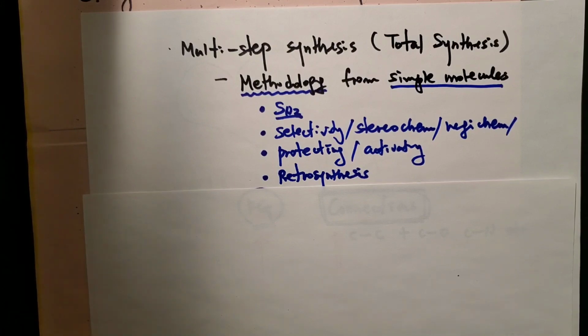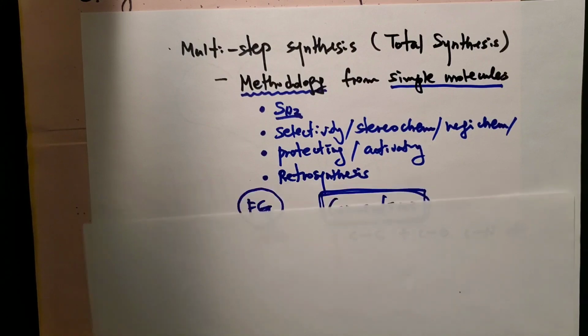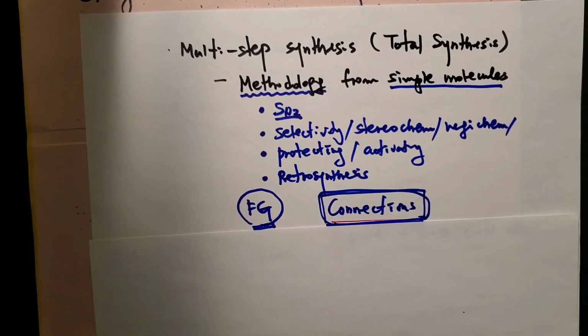In order to be effective in multi-step synthesis, it is required for you to change how you study the reactions. So far, we've been focusing on changes of functional groups, such as a double bond going to the alcohol or alcohol to the carboxylic acid, things like that.